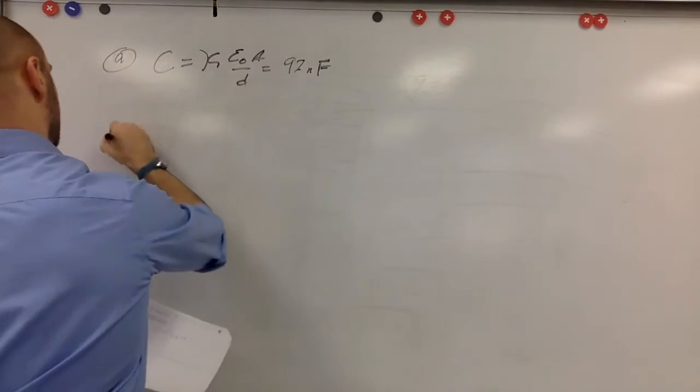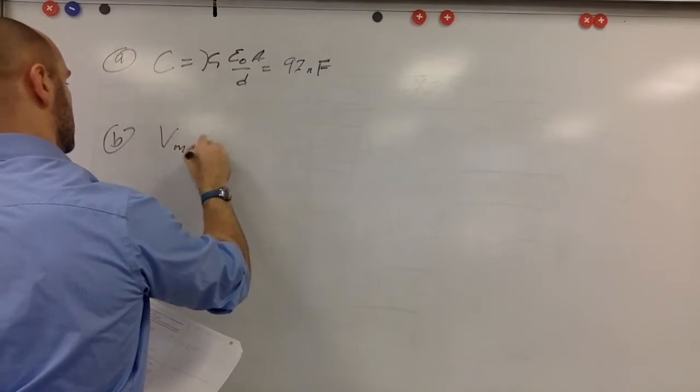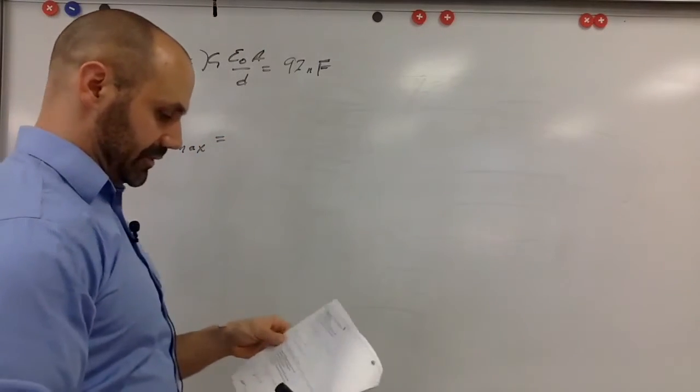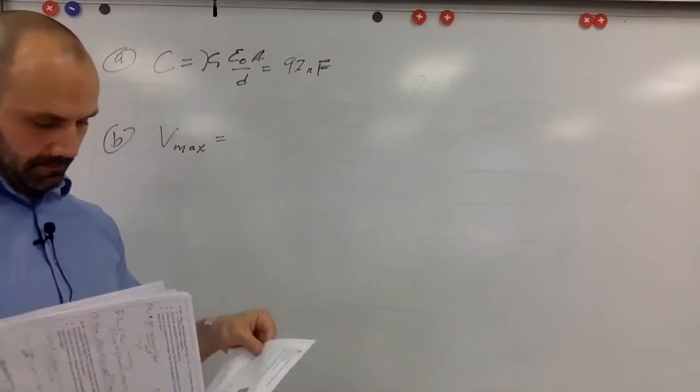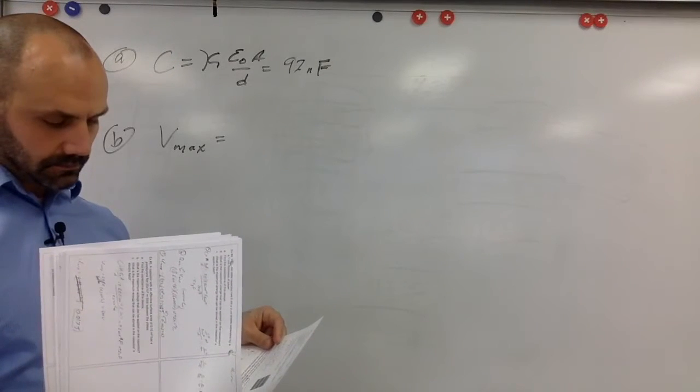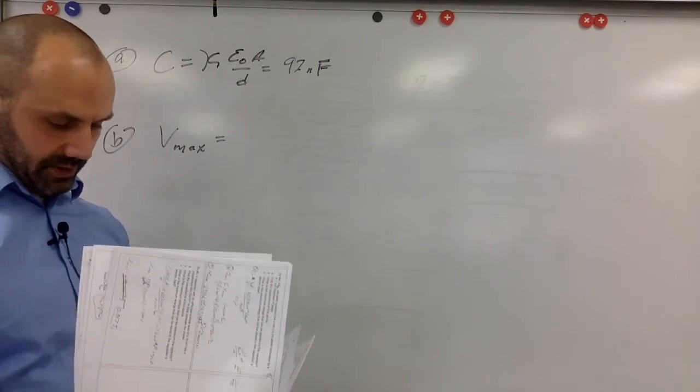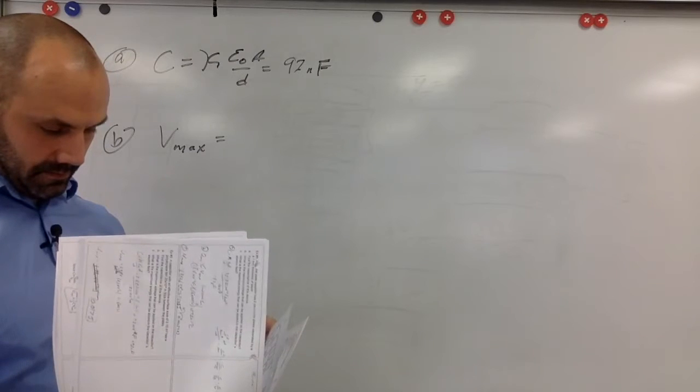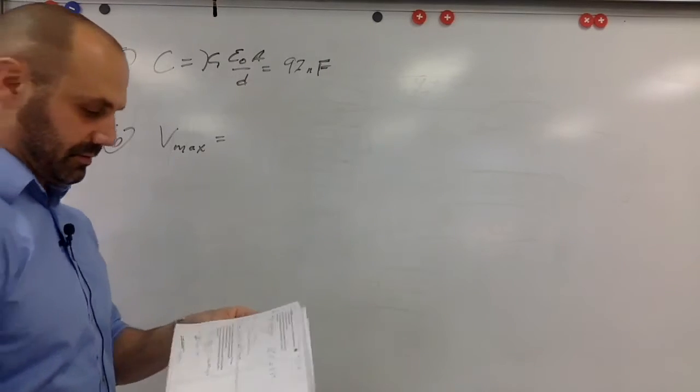So V max then will be that dielectric strength number for polystyrene, which you can look up. It's 24,000 volts per millimeter.